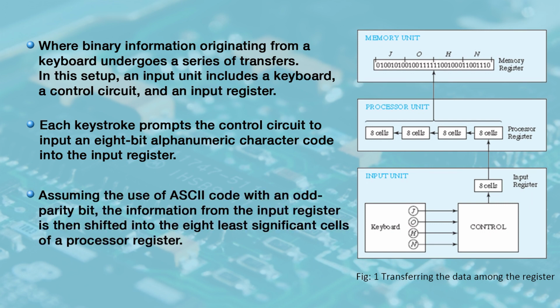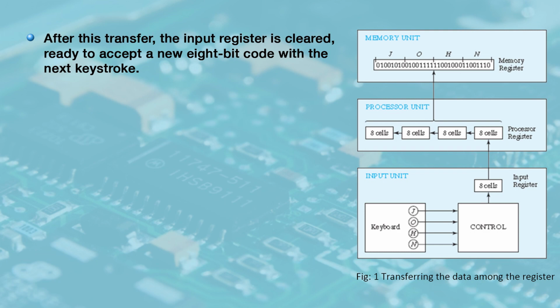Assuming the use of ASCII code with an odd parity bit, the information from the input register is then shifted into the 8 least significant cells of a processor register. After this transfer, the input register is cleared, ready to accept a new 8-bit code with the next keystroke.